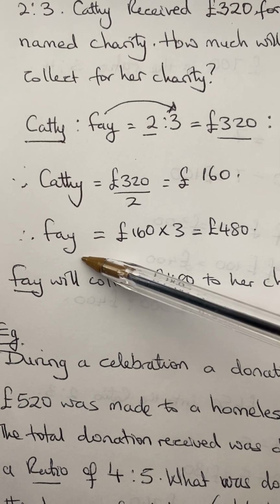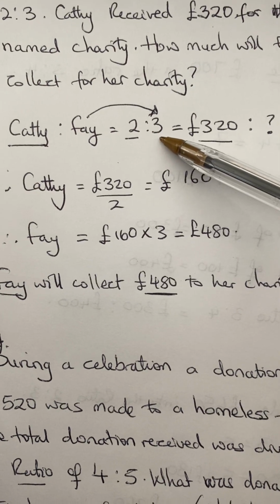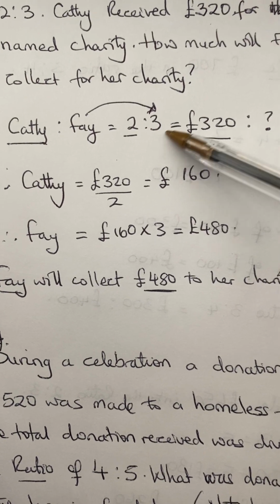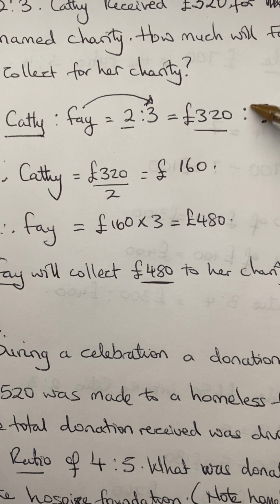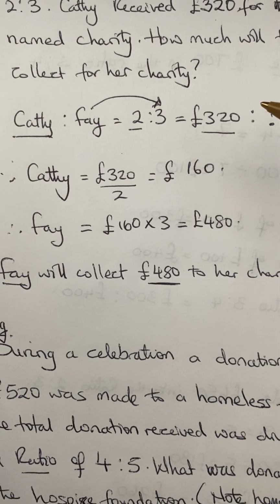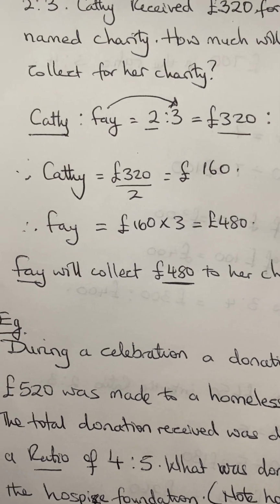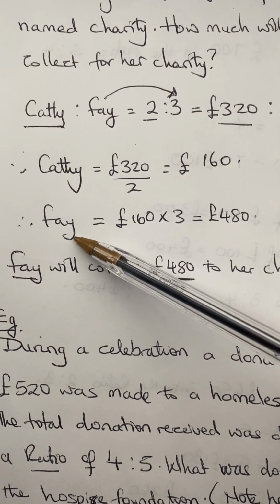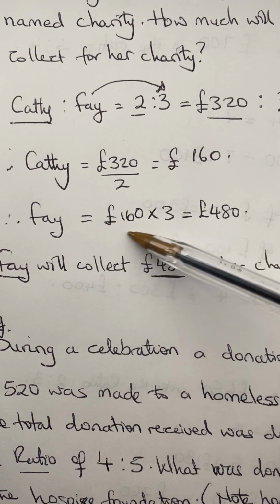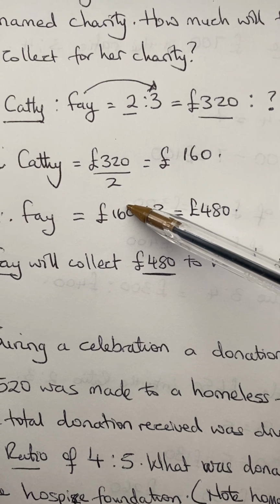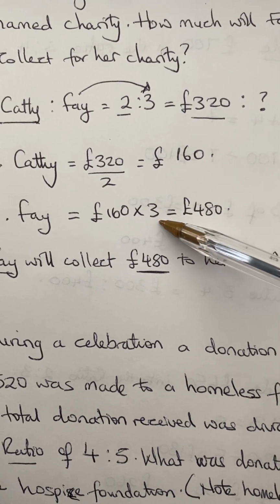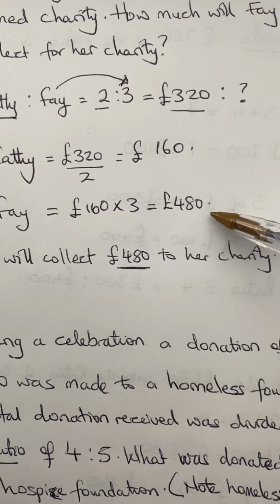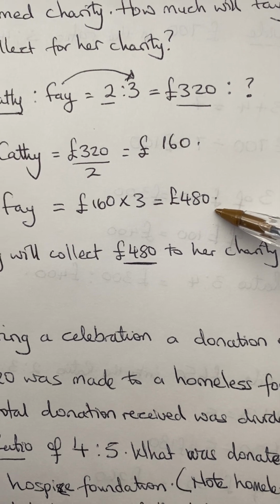Now Faye got 3 portions, and they told us to find out how much she gave to her charity. So Faye now, 1 portion is 160, times 3, and that will give us 480.